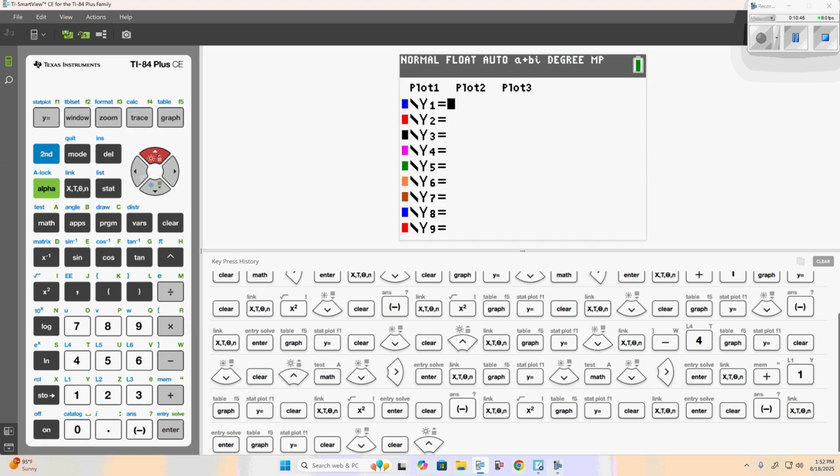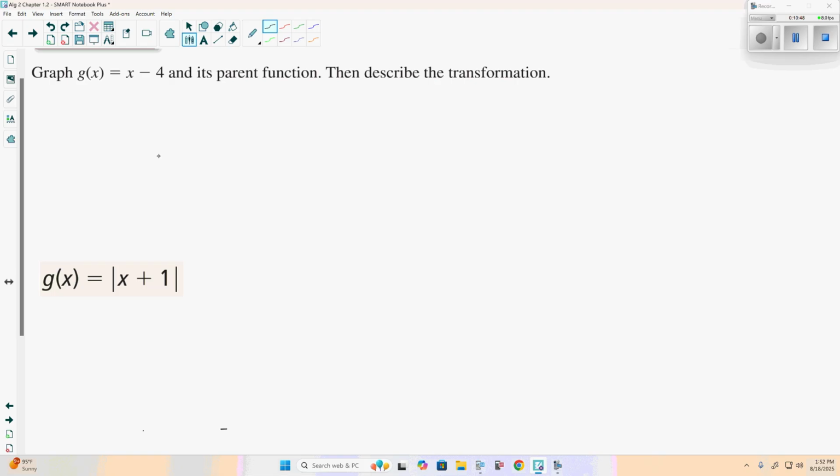Because here, if we look at this function, x minus 4, what is the parent function? The parent function would be linear. It's the equation of a line, yes? So we would say that this is linear. And if I looked at the parent function, it'd be this line here.